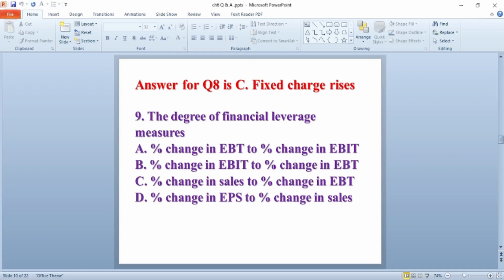A, percent change in earning before tax to percentage change in earning before interest and tax, B, percentage change in earning before interest and tax to percentage change in earning before tax, C, percentage change in sales to change in earning before tax, D, percentage change in earning per share to percentage change in sales. The answer is A.